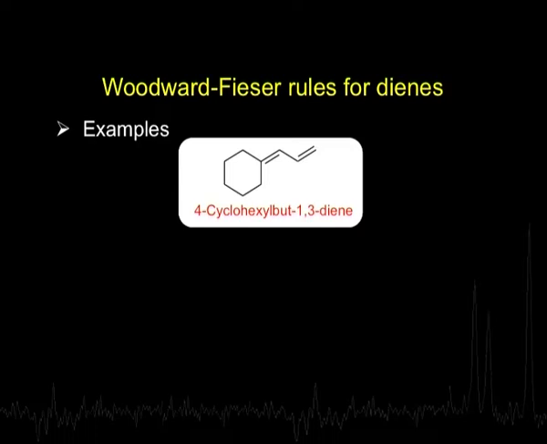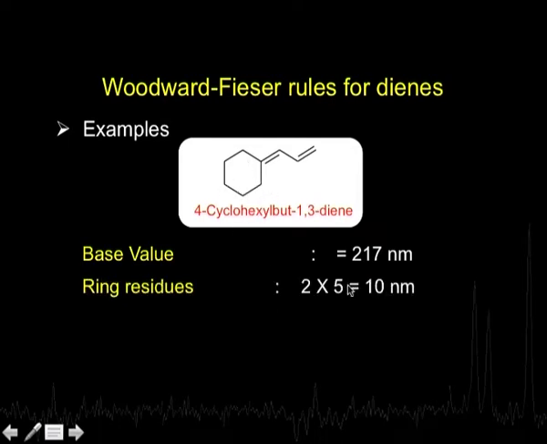Now, in this case, what do we have? Again we have the base value of 270 nanometers, because our chromophore is an alicyclic system here. And in this case, as we can see clearly, this is the example we took earlier also, they are ring residues, because these substituents happen to be part of the ring. So, since there are 2 ring residues, the contribution will be 2 into 5, about 10 nanometers.